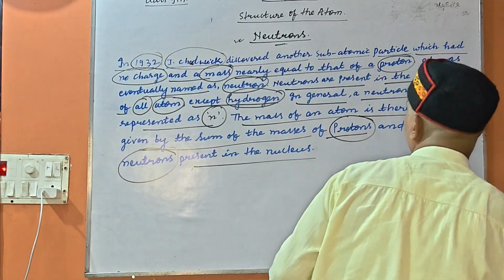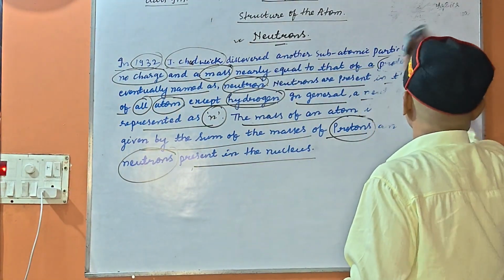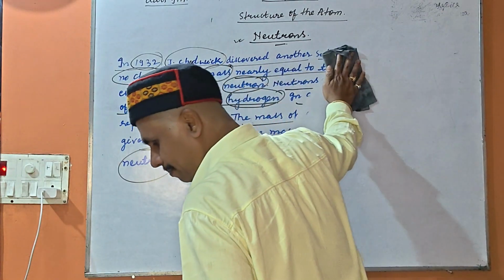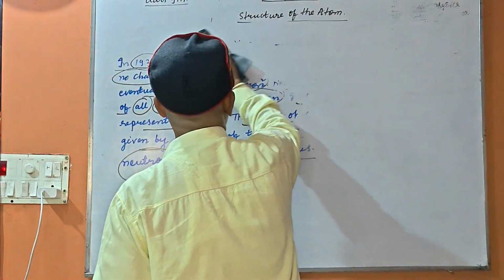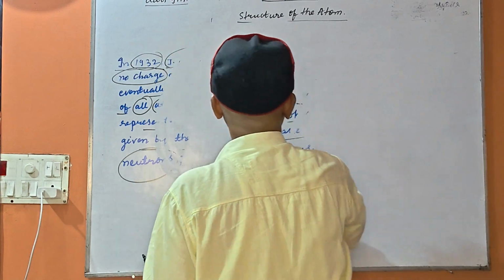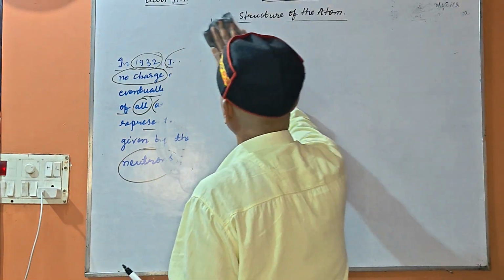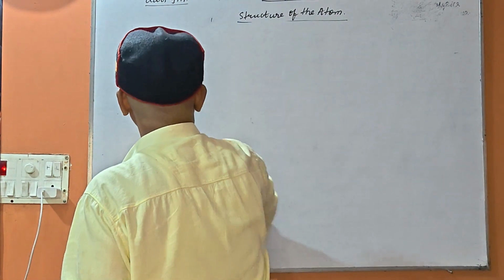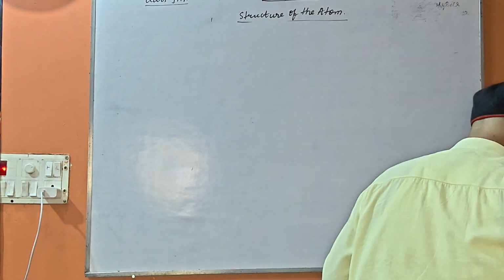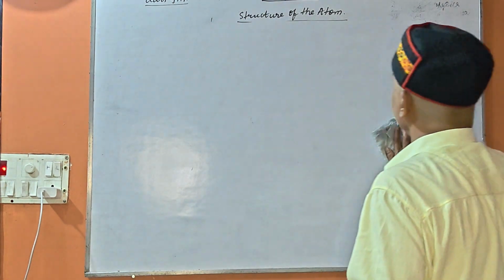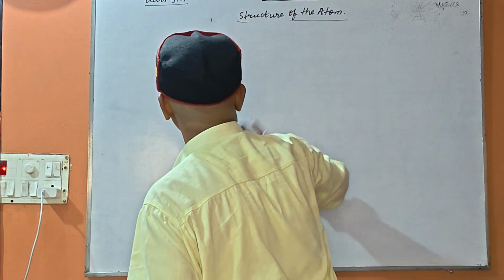The NCERT questions of page number 49. We already discussed the questions on the J.J. Thomson effect and the Rutherford model of the atom yesterday. But right now we are going to discuss the NCERT questions on the basis of the neutron and related things.